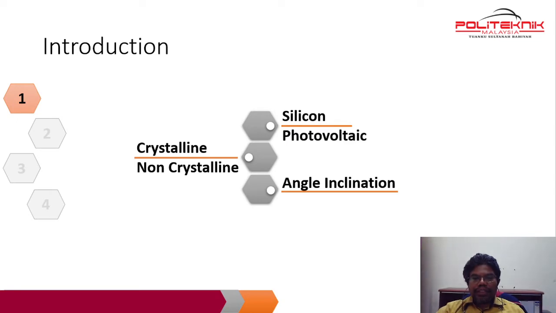And silicon is famous, but in silicon photovoltaic, there are two major types, which are crystalline and non-crystalline. Crystalline also has two types, polycrystalline and monocrystalline, and non-crystalline is also known as amorphous, or sometimes in different books we also state it as thin films.